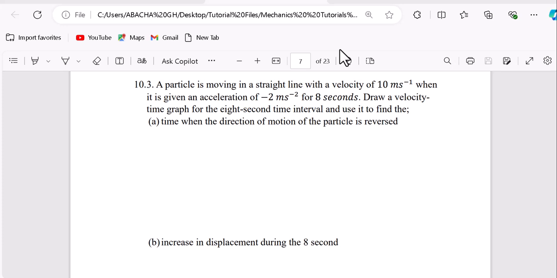And so we have the first question here, which says that a particle is moving in a straight line with a velocity of 10 meters per second.